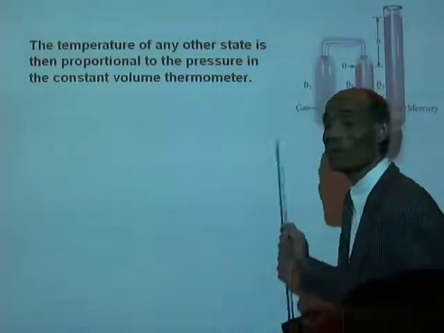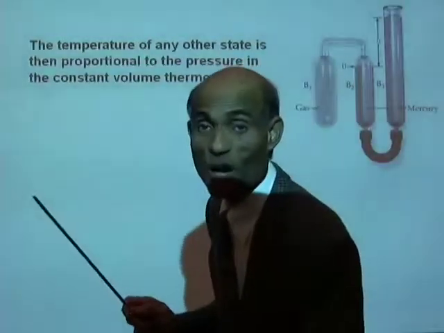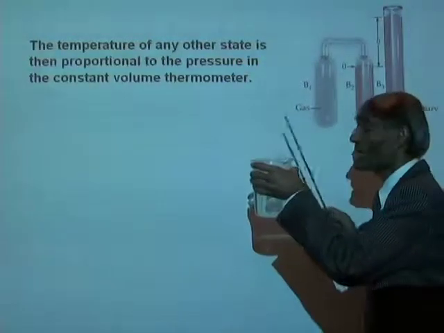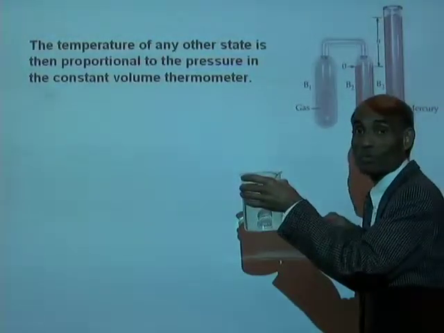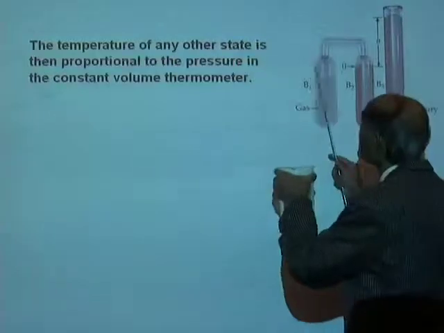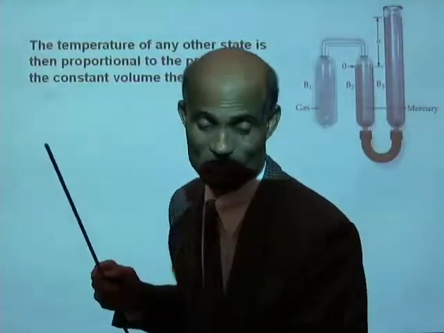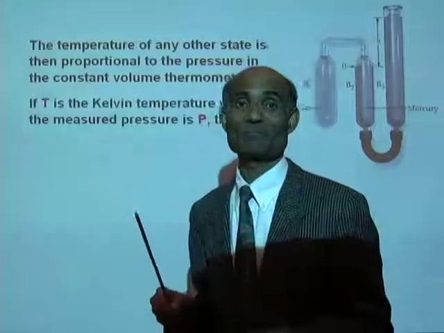That means if you want to measure the temperature of any object using the constant volume thermometer, you need to take that bath or whatever it is and immerse the bulb that contains the gas inside the bath to measure the temperature.